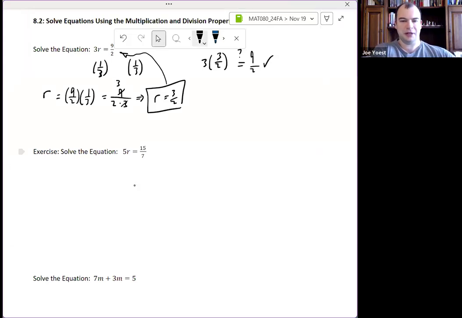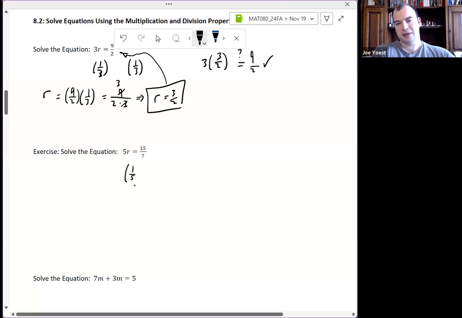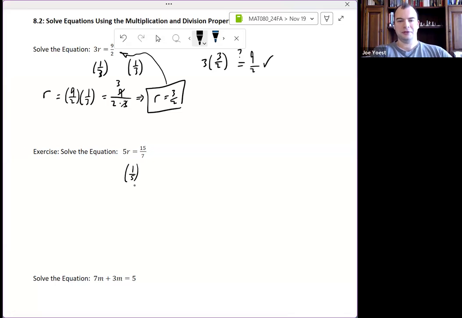Okay, it's been just about a minute. So we have number times r equals number. 5 times r equals 15/7. And again, I can think of multiplying by the multiplicative inverse of the coefficient, 1/5, and doing that on both sides. 5 times r times 1/5, well, that just gives me 5 times 1/5 r, or just 1 times r.